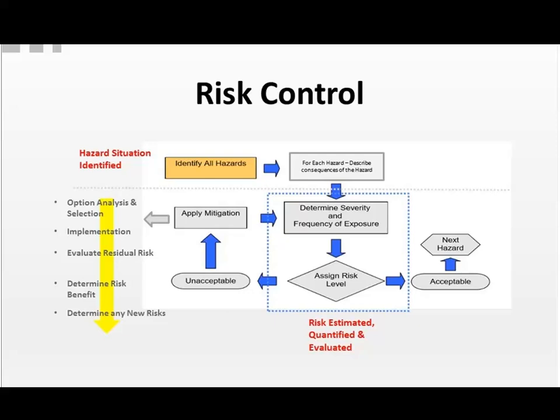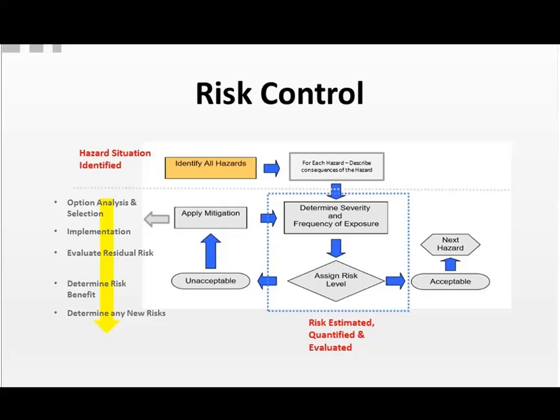You need an option analysis and selection, so you've got to determine what those options are, and you have to conduct an analysis and make a selection. You have to implement that. You have to evaluate any residual risk, because we know that once we make a change, we may introduce additional risk, or there may be some level of risk left over that we have to assess as well.